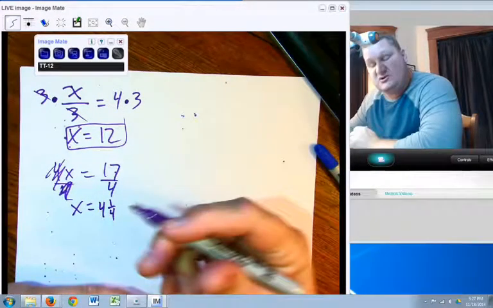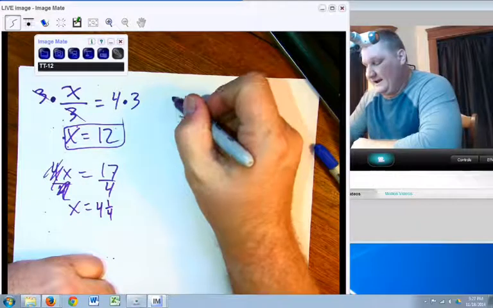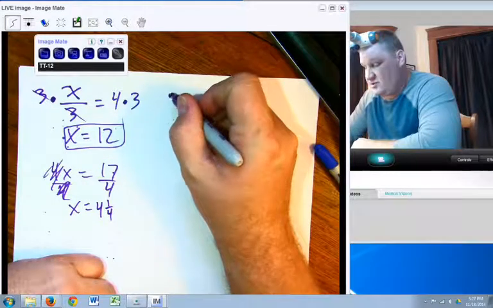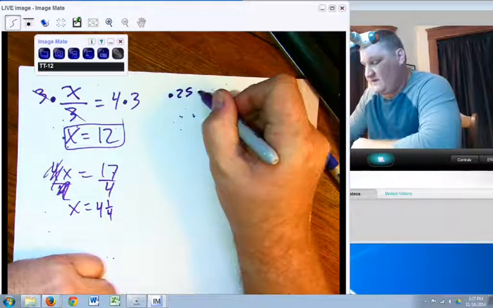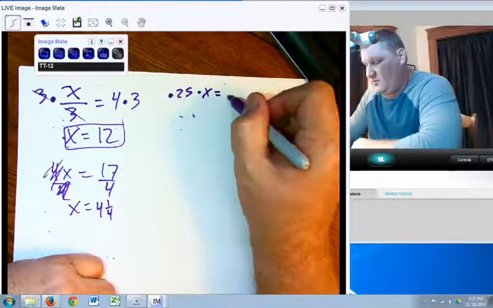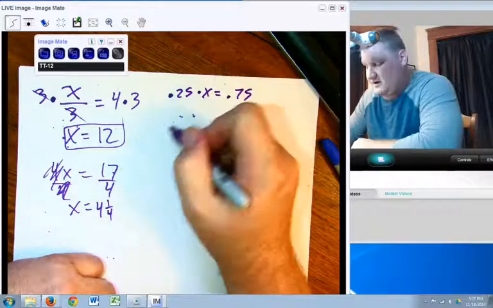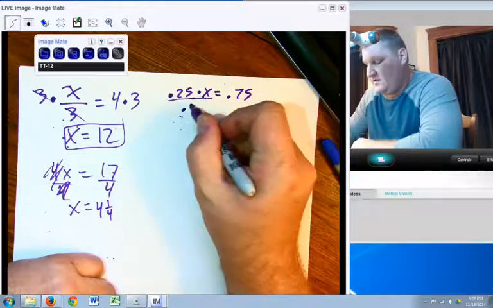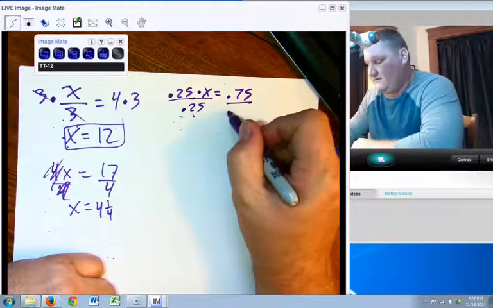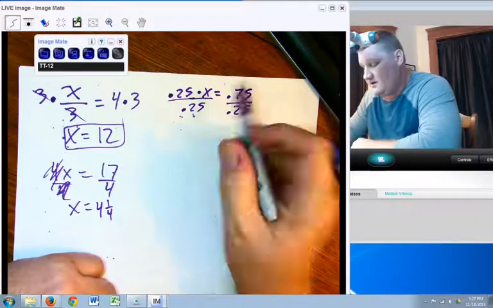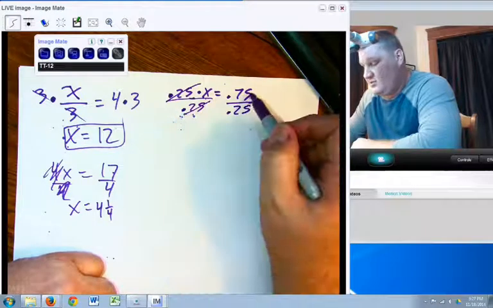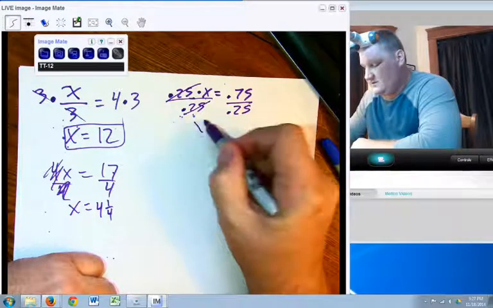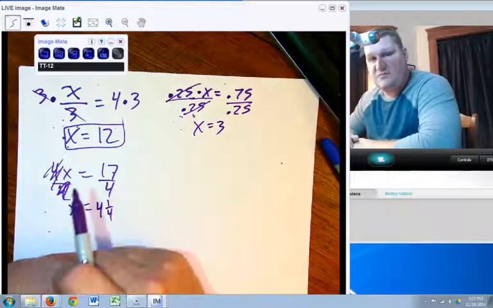I could also make them a decimal. And if I were to do this, I said 0.25 times x equals 0.75. Well, how do I get rid of a 0.25 times x? I'm going to divide by 0.25. Now, I might need a calculator, or I might recognize that 0.75 is exactly 3 times bigger than 0.25.